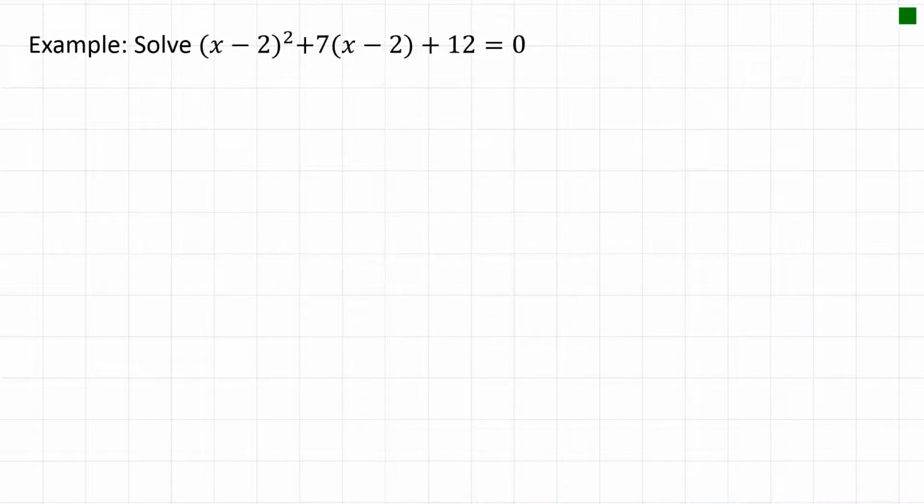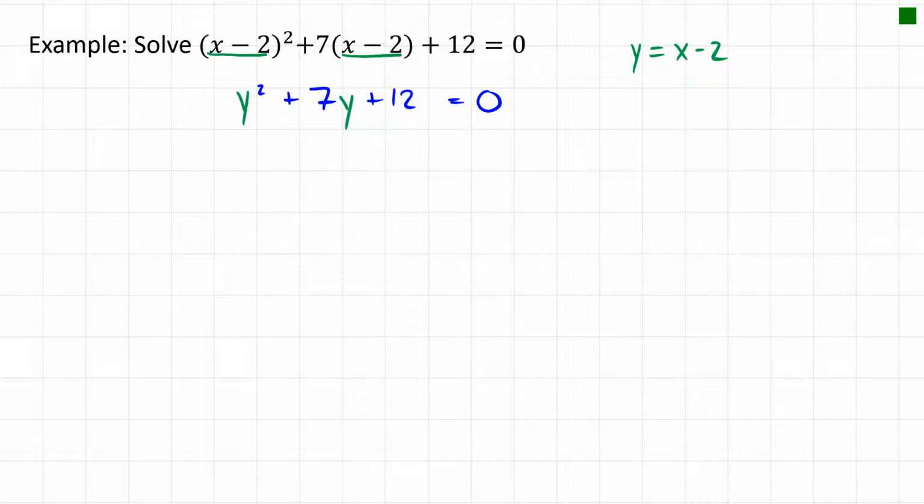Another way we can make a substitution is just by replacing, as long as the same thing is in multiple places, we can replace it with another variable. So in this case, let's use y. So if I say y equals x minus 2, then this equation really looks like y squared plus 7y plus 12 equals 0. And again, I see if I can solve it.